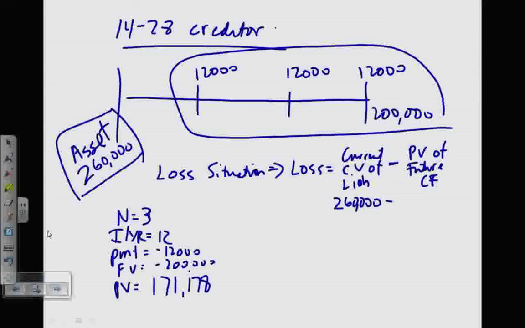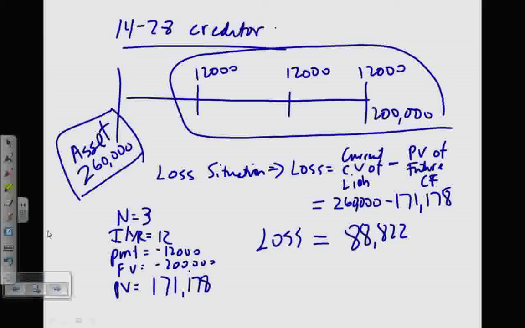And we end up with a loss, and that loss equals $88,822. And so what we would do in that situation is we're going to write down that asset. We're going to write off the interest receivable and write down the note receivable.